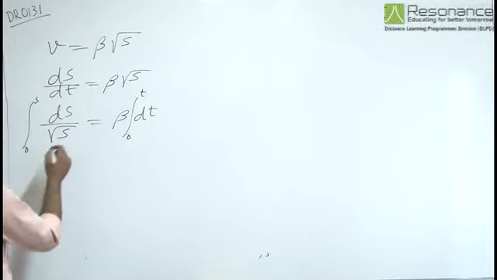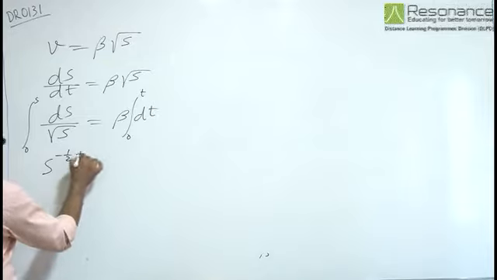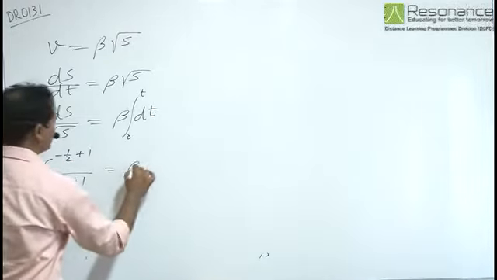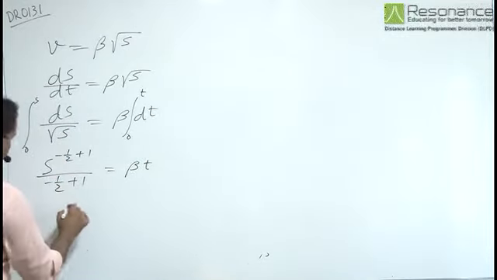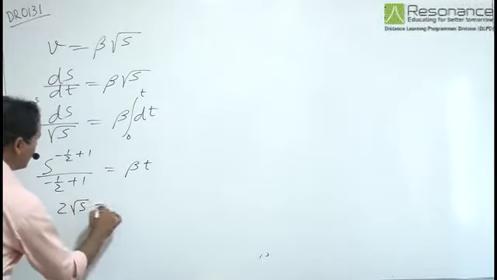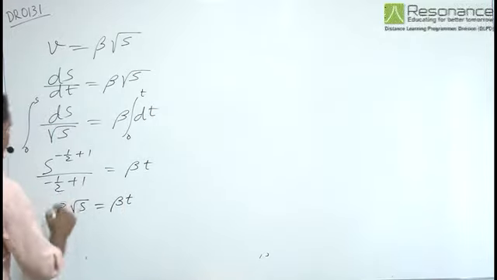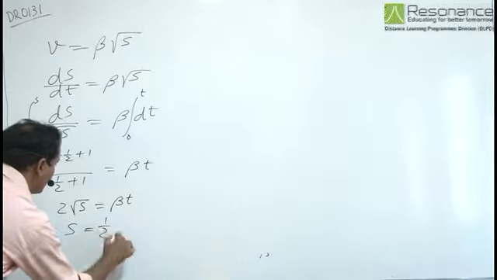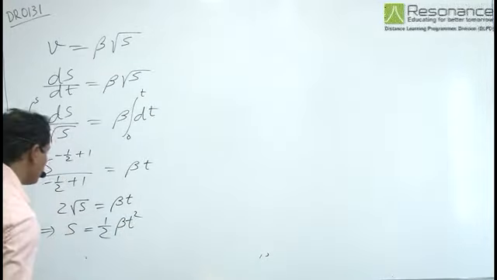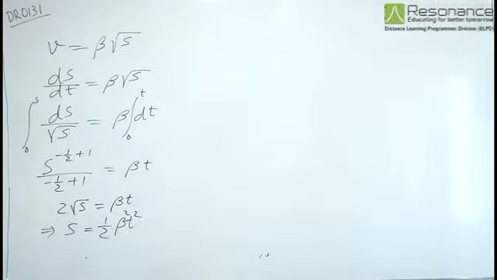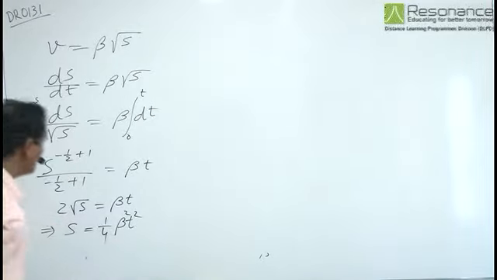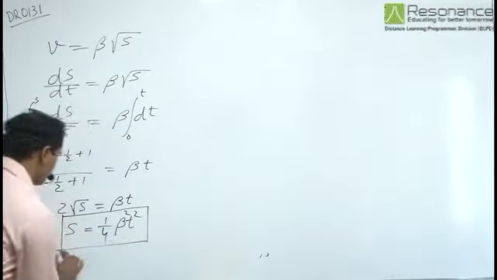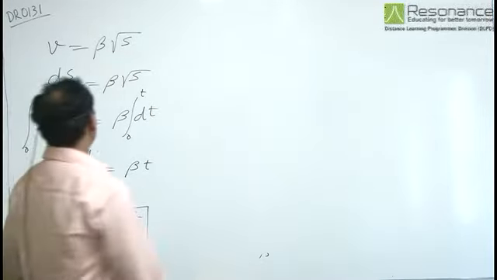So from here we can write s to the power minus half plus 1 by minus half plus 1 is equal to beta t, or we have 2 root s is equal to beta t, or s is equal to half beta square t square. Not half but 1 by 4 beta square t square. This is the distance traveled as a function of time.